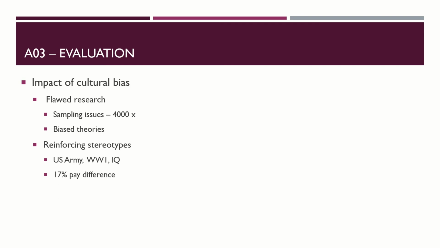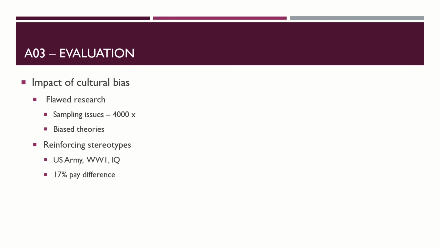Okay, so AO3, the evaluation of cultural bias. So, exactly like gender bias, there are some significant impacts from having a subject or a piece of research or a theory that is culturally biased. So the whole of psychology very much views human behaviour through a very Western lens, and that can lead to some significant problems, including very flawed research.